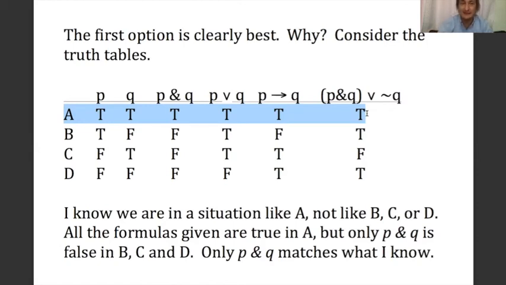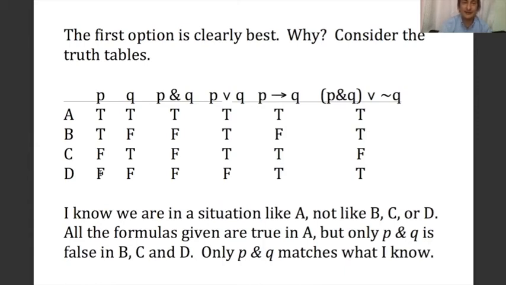So, okay, no difference. But if you look at the other situations, in situation B, that's where it's raining outside, but the streets are not wet. Well, then the sentence, it's raining and the streets are wet, is false. If we're in situation C, where it's not raining outside, but the streets are wet, again, the and sentence is false.